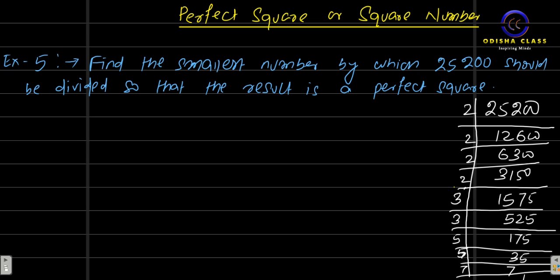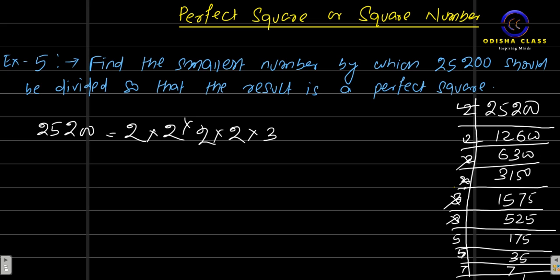Now let's write first. 25,200 will be 2 into 2 into 2 into 2 into 3 into 3 into 5 into 5 into 7.